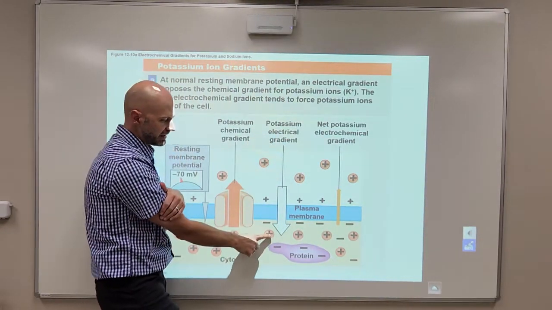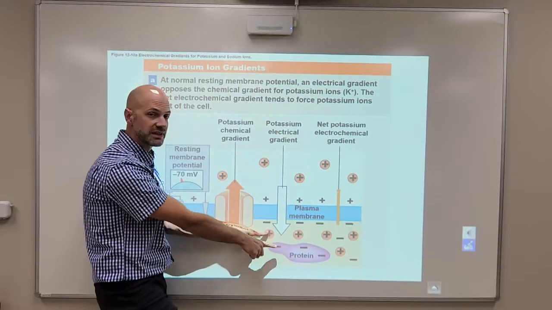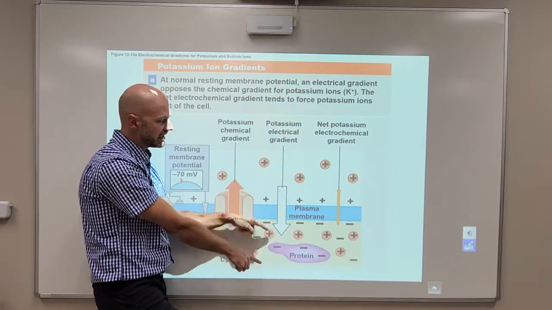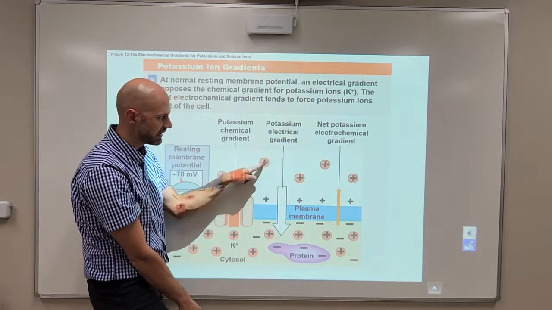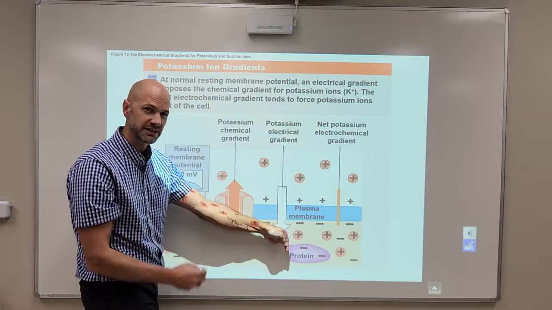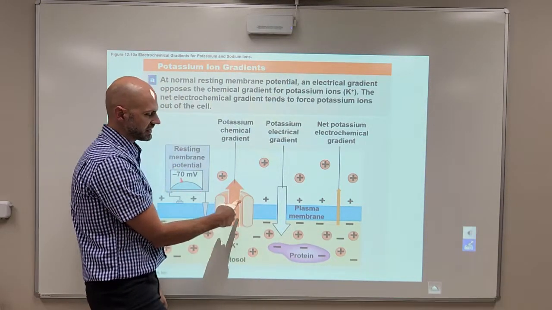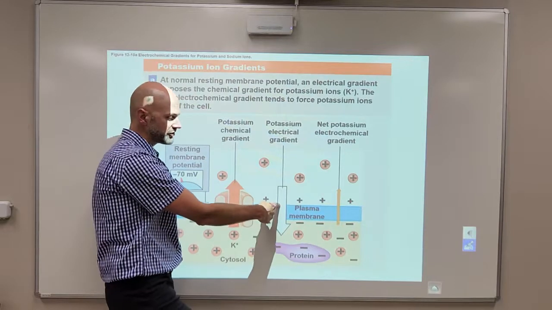Again, because this is a positive ion, it's naturally attracted to those negatively charged proteins. So it has an attractive force drawing these ions that are outside actually inside because of an electrical force. But we have these opposing forces, the concentration gradient and the electrical gradient.